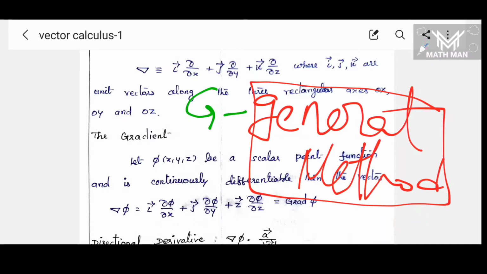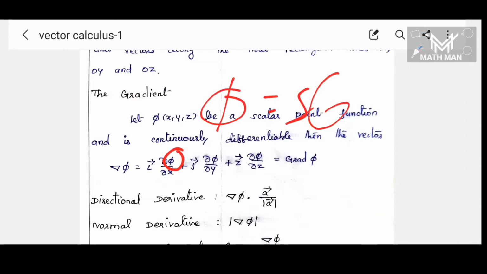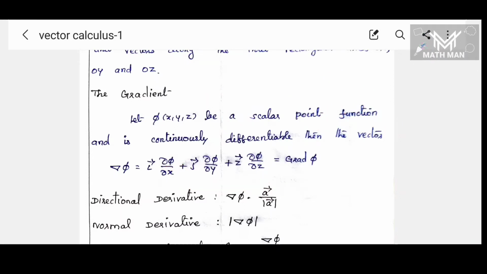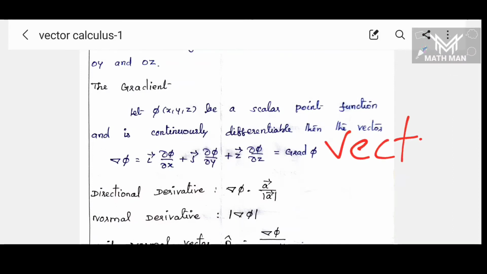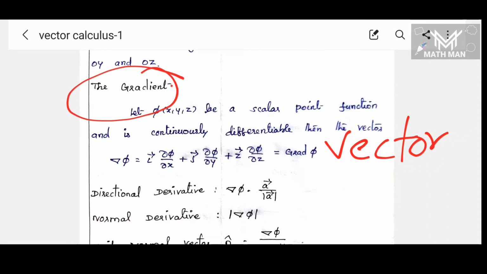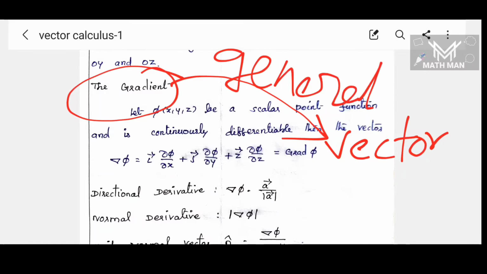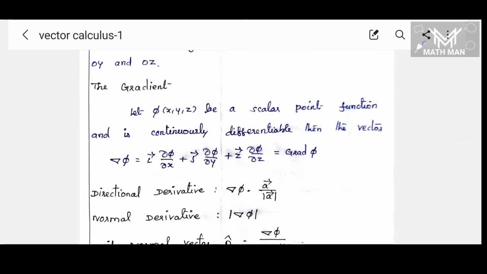In the same way, gradient is substituting phi, where phi is a scalar quantity, into this del, and we get a vector quantity. That means gradient is a vector quantity, which is the general method we use in vectors. If you are good at vector quantities from class 10 and 12, you will get it easily.